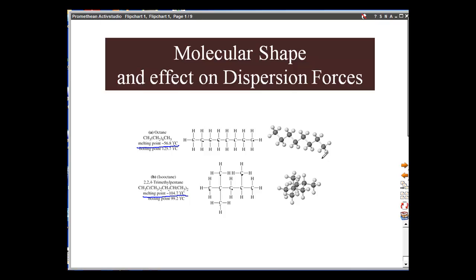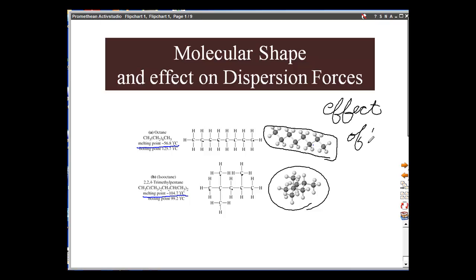What happens here is, if you can imagine this, the octane particles, this one has a lot more surface area to the molecule, whereas this one is kind of clustered up. So the effect of LDF is felt more on the octane than the isooctane because the particles can actually get much closer to each other than over here.